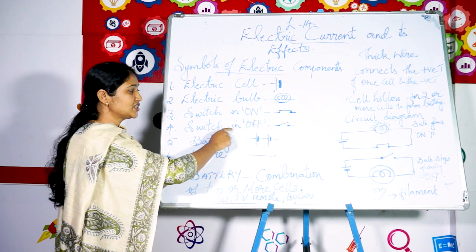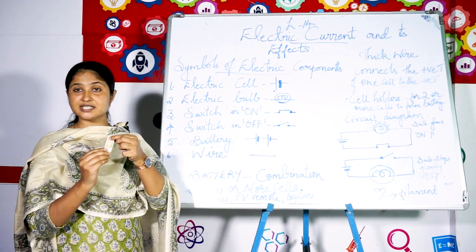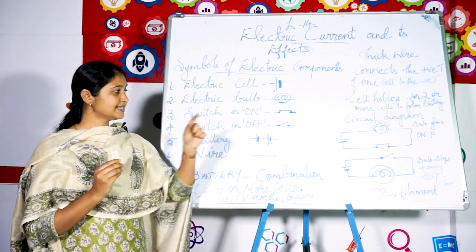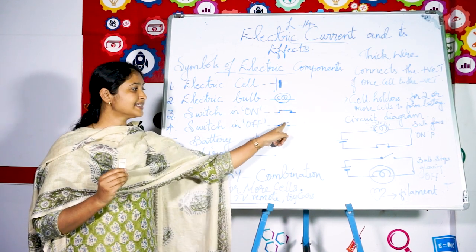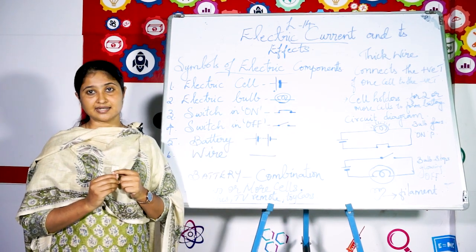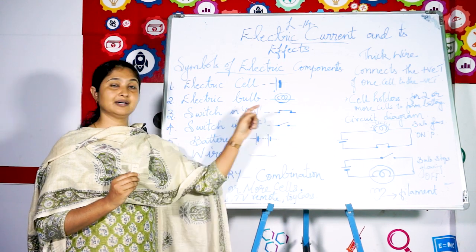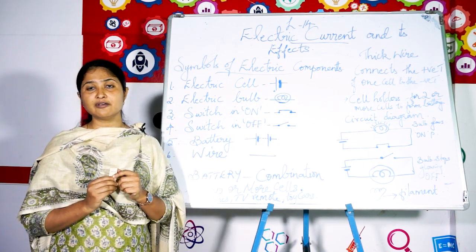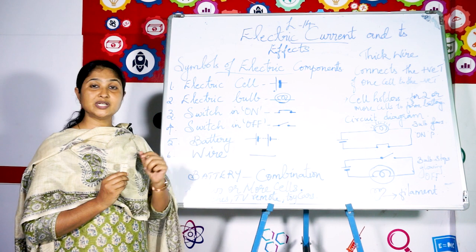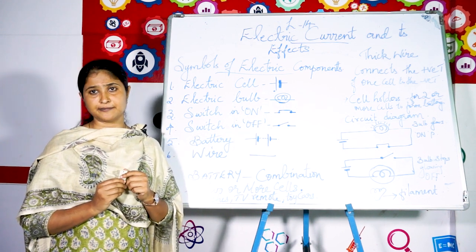Next, the switch in the off position. That means it goes up like this, so the two points, this line will not be meeting. This is the symbol we give for the switch in the off position.